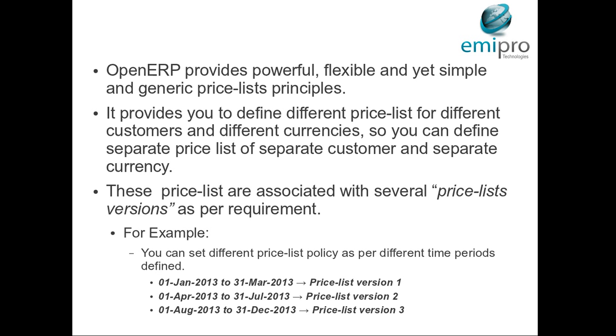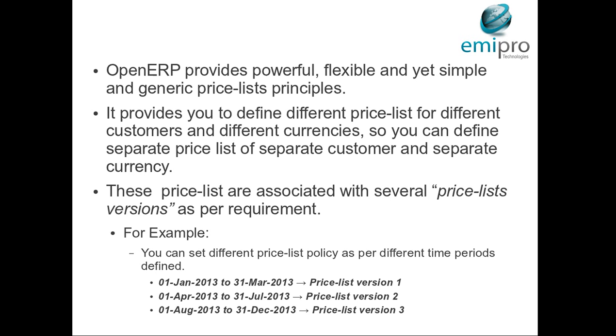Now these price lists are associated with several price list versions as per the requirements. For example, you can set different price list policies for different defined time periods. So you can say these price list versions are the different perspectives of a price list. Here I have defined three different time periods.